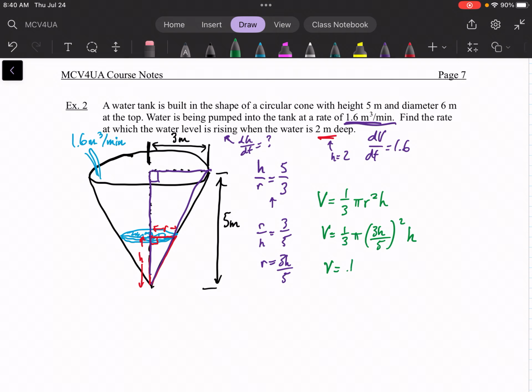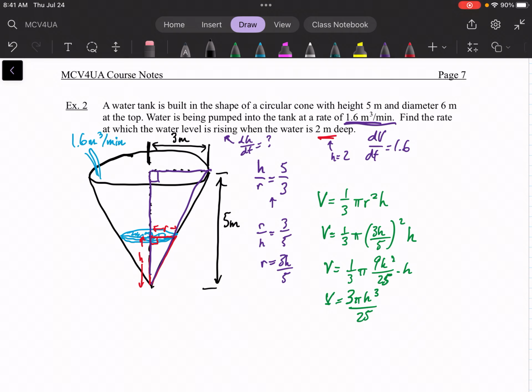So I'm going to simplify this. This is 1/3 pi times 9h squared over 25 times h. So this volume now turns out to be 3 pi h cubed over 25. Let me fix that. Now with this, we can find the rate.